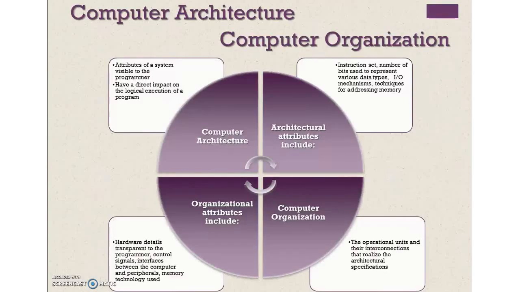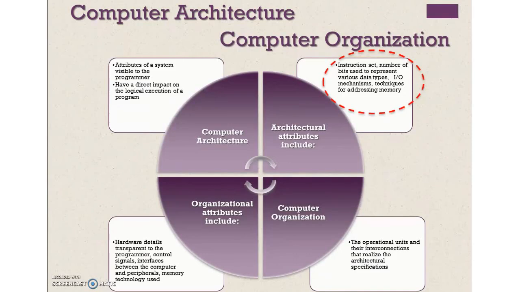In describing a computer, a distinction is often made between computer architecture and computer organization, although it's difficult to give precise definitions for these terms. Computer architecture refers to those attributes of a system visible to a programmer, or those attributes that have a direct impact on the logical execution of a program.